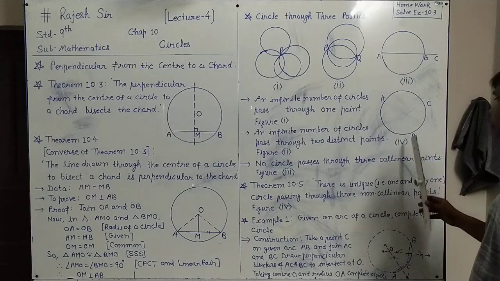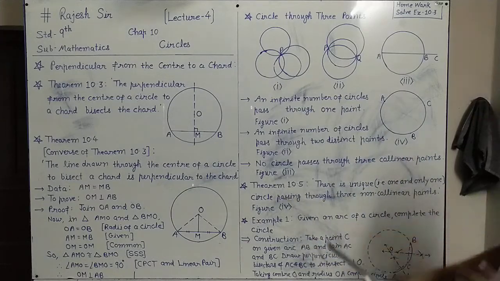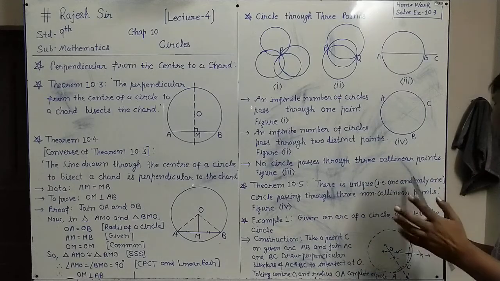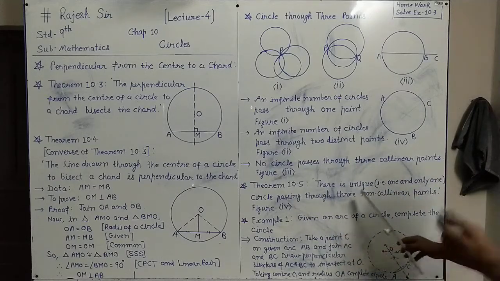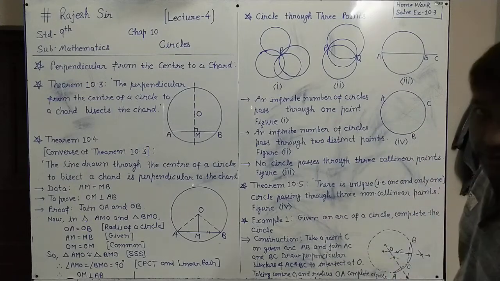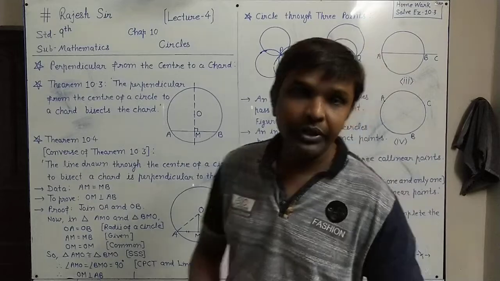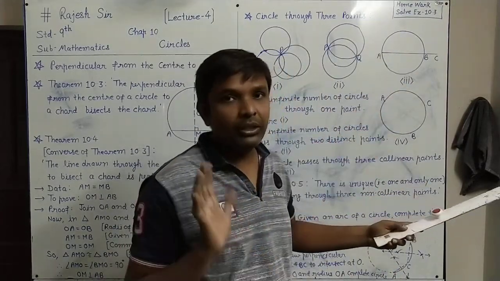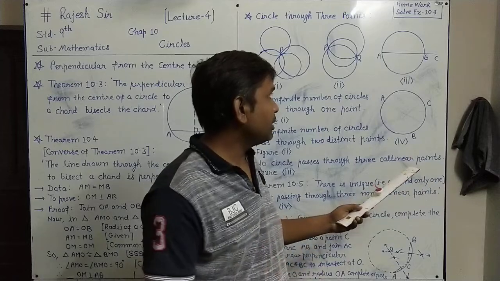Now we have figure number 4, and for that we have theorem 10.5. Before that, we discussed that if 3 points are collinear, no circle can be drawn.